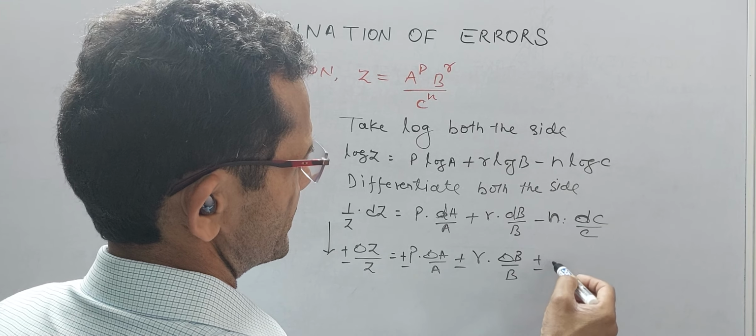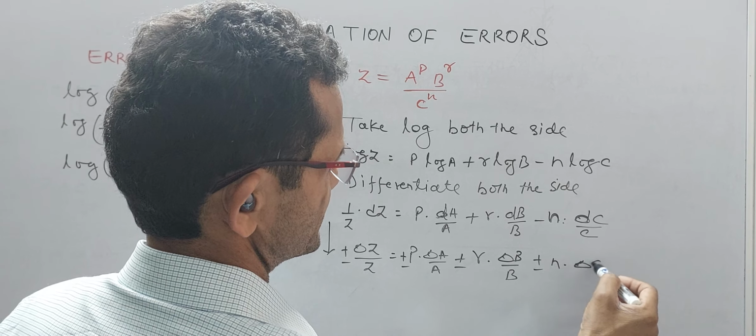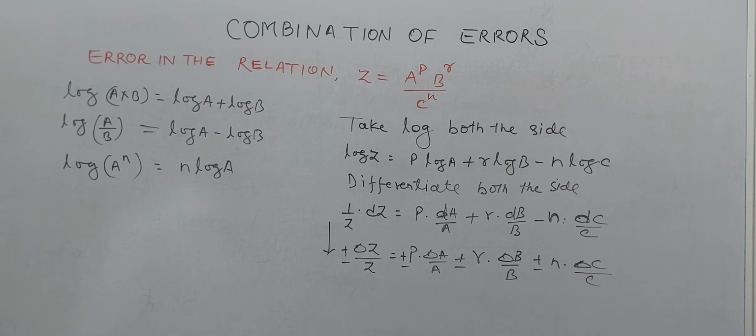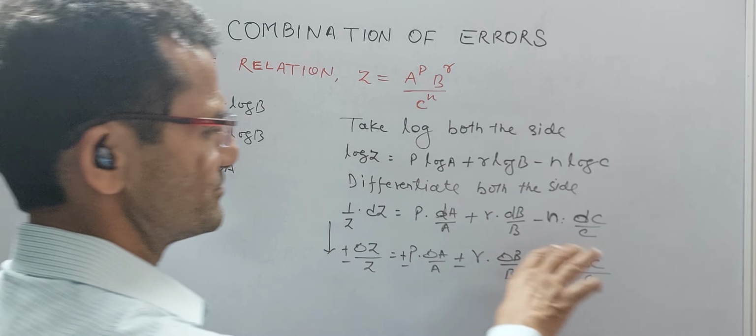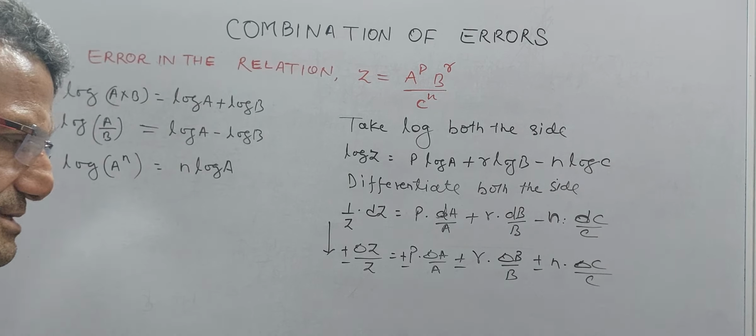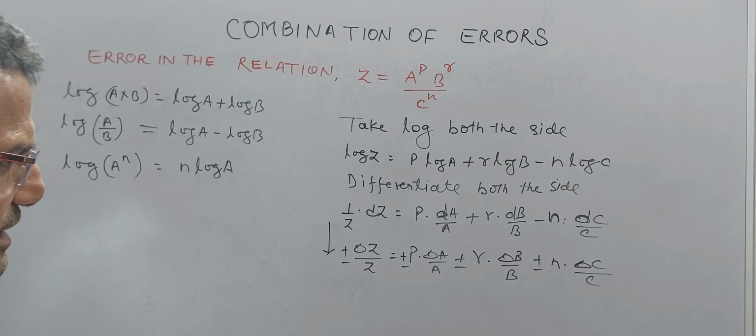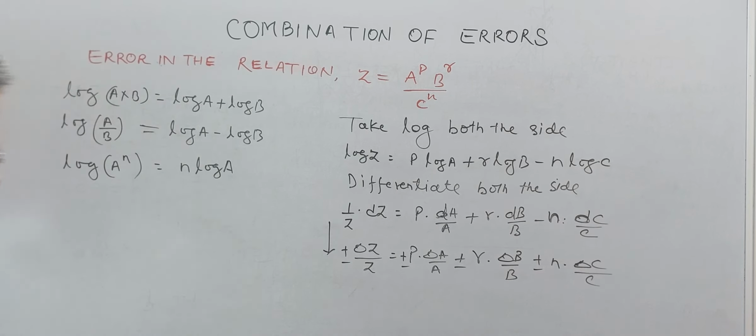Here also plus minus n times del c upon c, the fractional error in c. Now we need only the maximum fractional error, whether it is positive or negative, but the magnitude should be the same, only the sign would be negative. Now the maximum fractional error will be here.